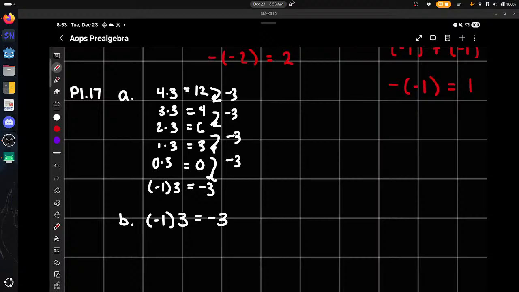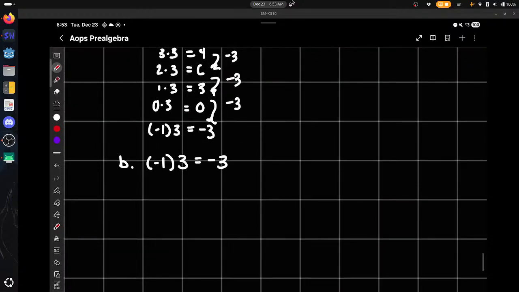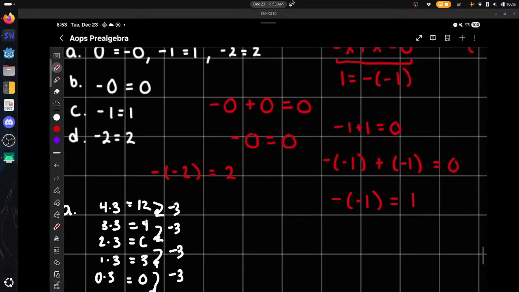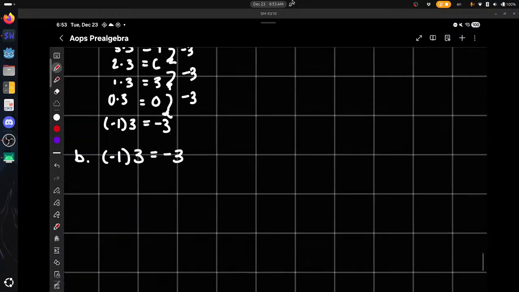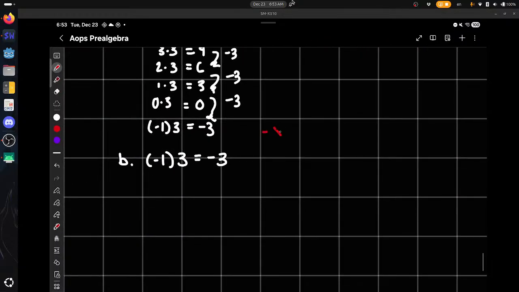B, so this pattern suggests that -1 times 3 gives us -3. So I think what they're trying to say is what we've written here, or where did it go? Well, I guess, I don't know.